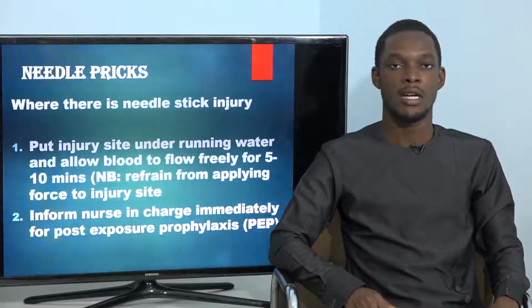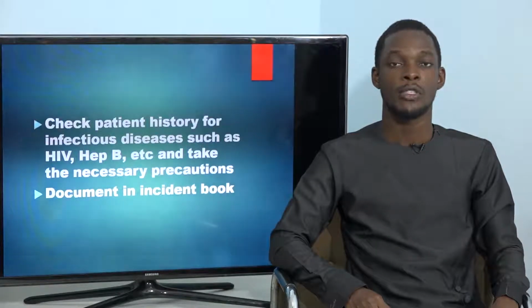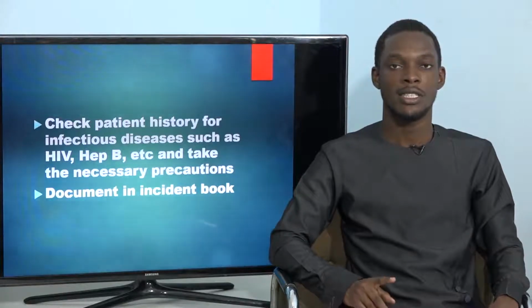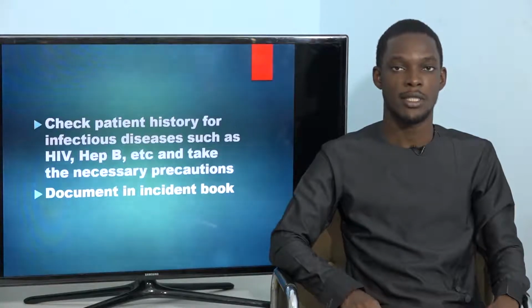Inform the nurse in charge, or the charge nurse, or the nurse supervisor immediately for post-exposure prophylaxis. Post-exposure prophylaxis may depend on the infections that are present in the patient or that are expected to be in the environment.